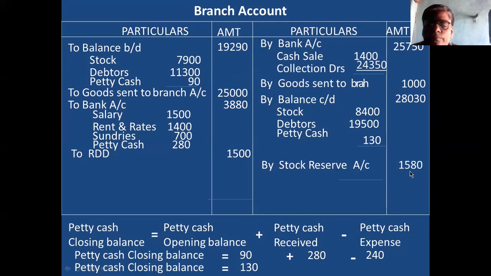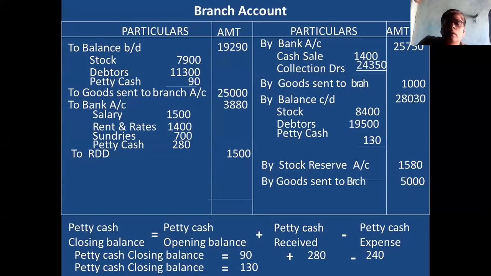Yesterday I told this. And second is by goods sent to branch: 25,000 into 1 by 5 is equal to 5,000. These two items you additionally write in the invoice price method.